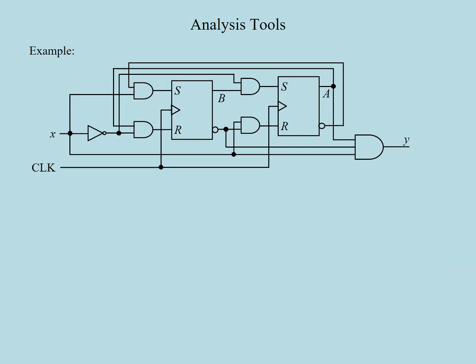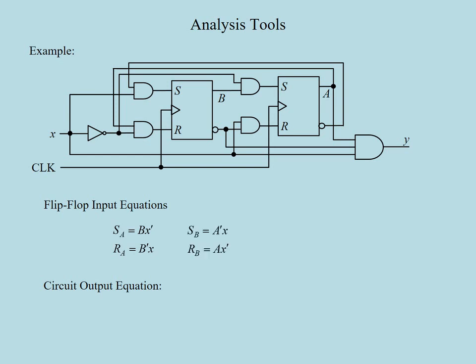One last possible way of describing the behavior of a sequential logic circuit is by specifying its flip-flop inputs and the output of the circuit. The inputs of the A flip-flop can be written as S_A is equal to B x prime and R_A is equal to B prime x. Similarly, for B flip-flop, we have S_B equals A prime x and R_B equals A x prime.